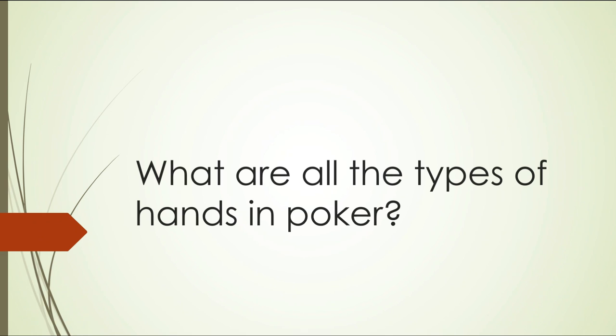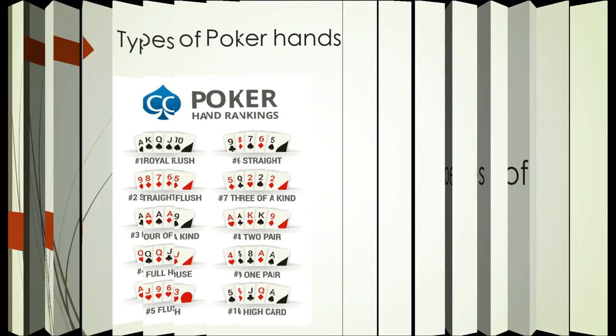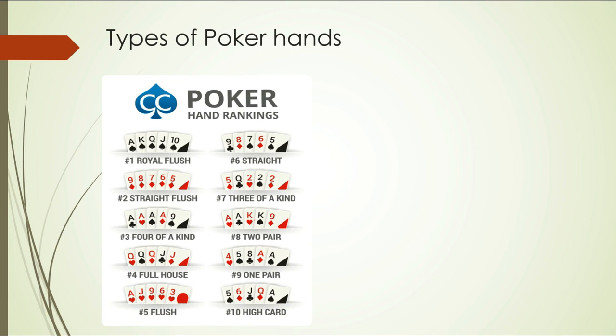So you may be asking yourself right now, what are all the types of poker hands? Alright, so as you can see here, I have a picture, and these are every type of poker hand ranking. The first is a royal flush. This is the highest ranking in poker.